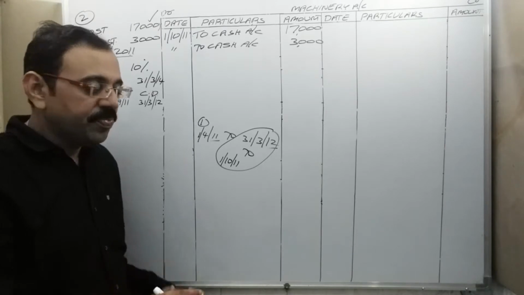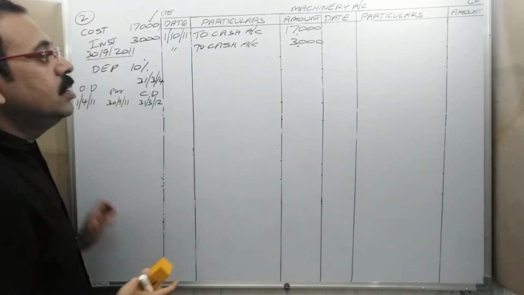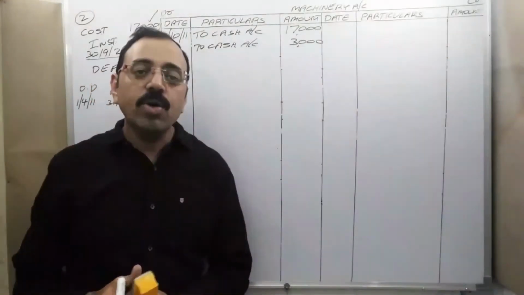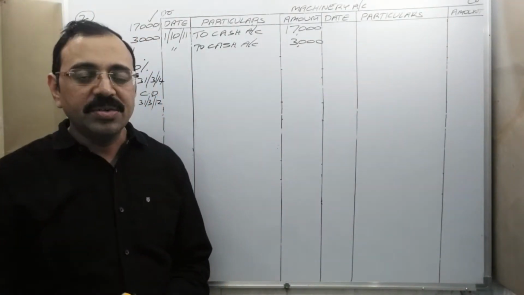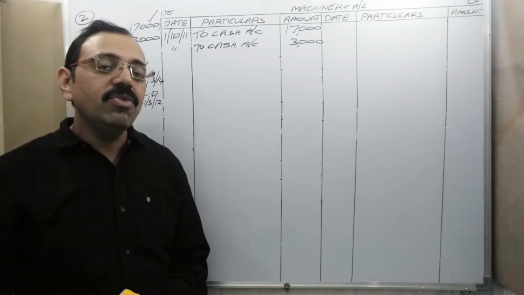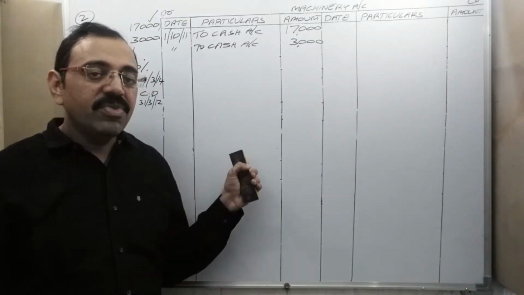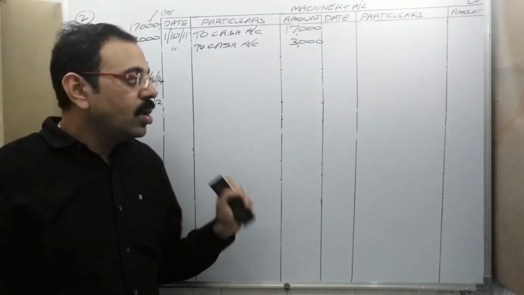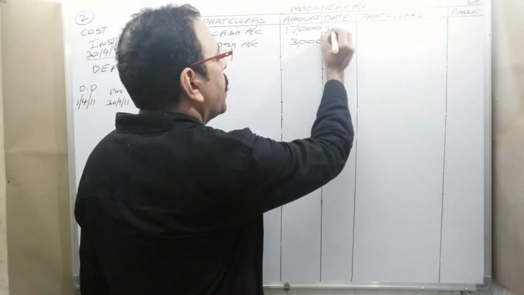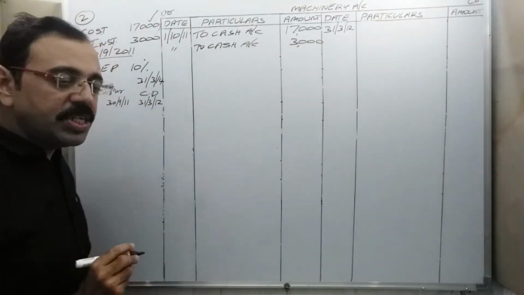Remember this point. Okay? Then for 6 months we have to provide the depreciation. Depreciation we should always provide at the end of the year, no? So the first year's last date is 31st March 2012. On that day, what is the entry for depreciation?